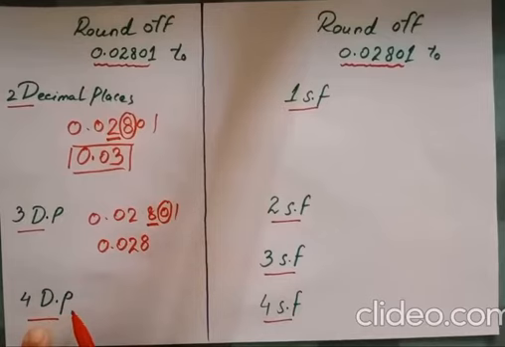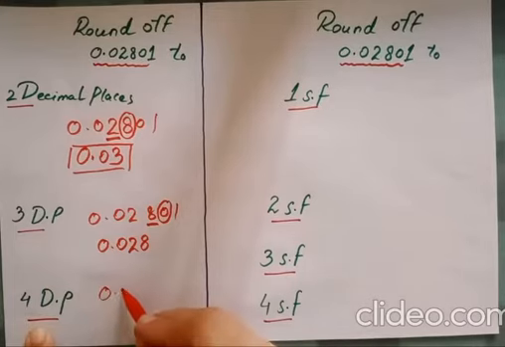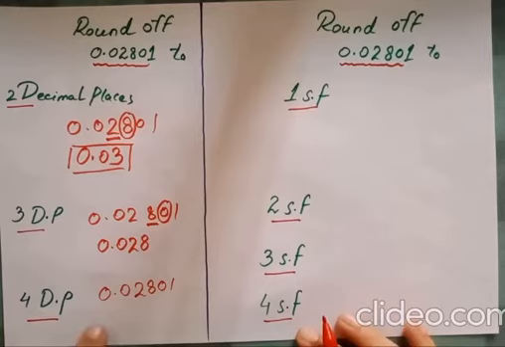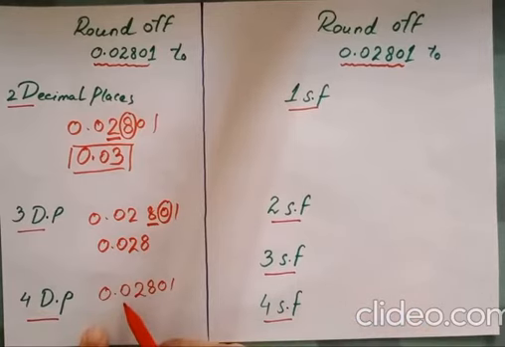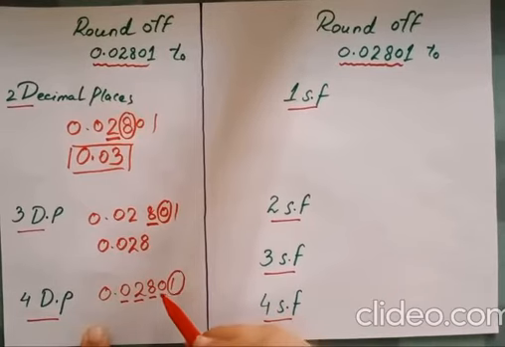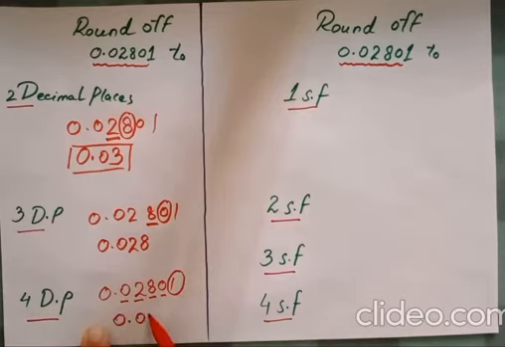Okay, so now we have to round it to four decimal places, and for four decimal places again I am writing that number 0.02801. Four decimal places are 1 2 3 4, and the next digit is 1, so no need to add anything to this 0, so I will write it 0.0280.